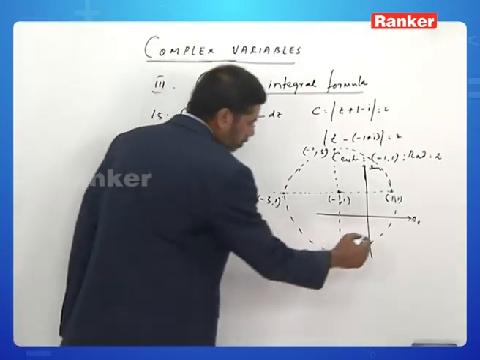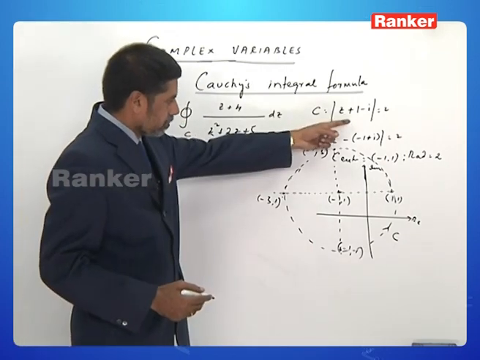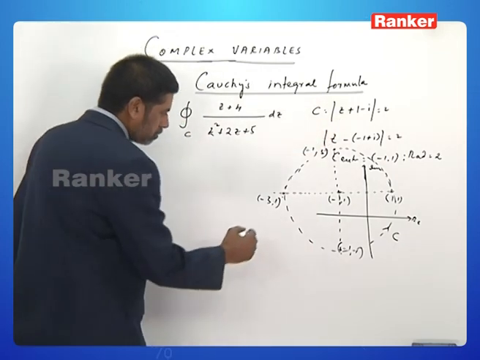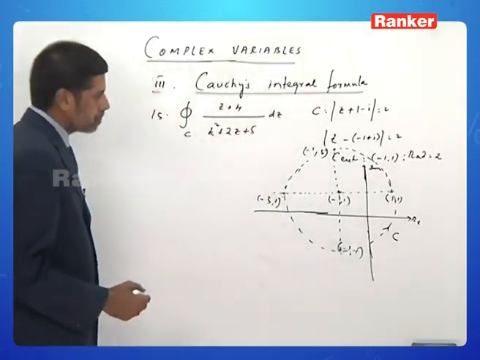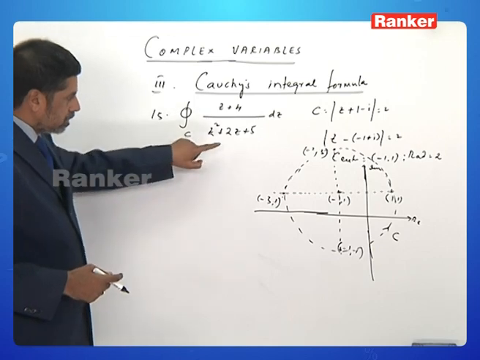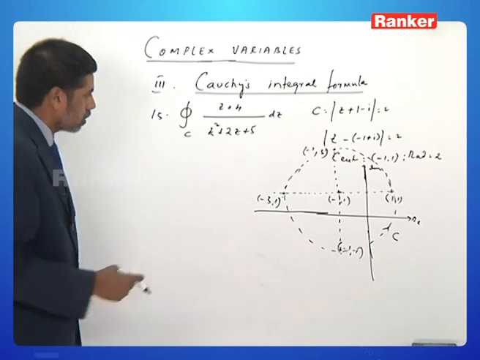So this is the contour whose complex equation is this. Now our analysis should take us to whether the singularities of this function lie within the contour or not. So let's look at this one.